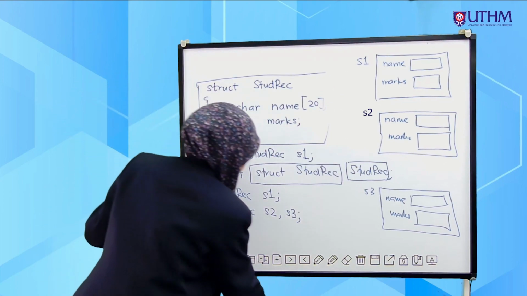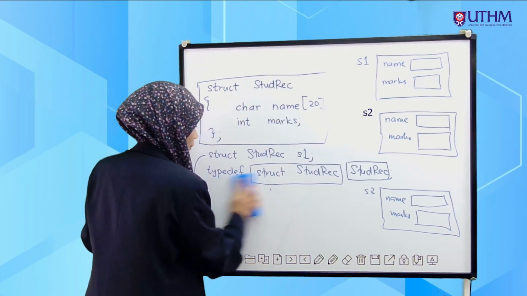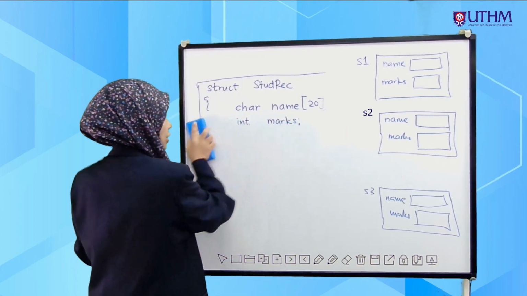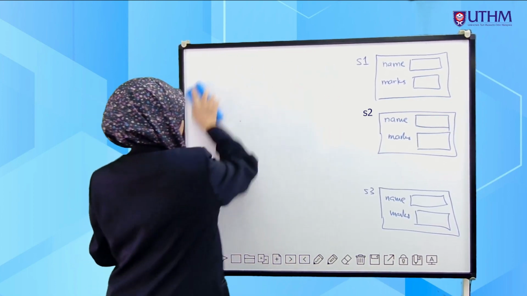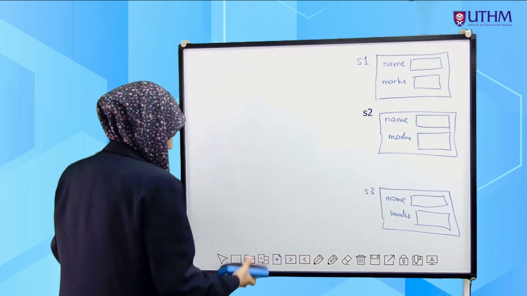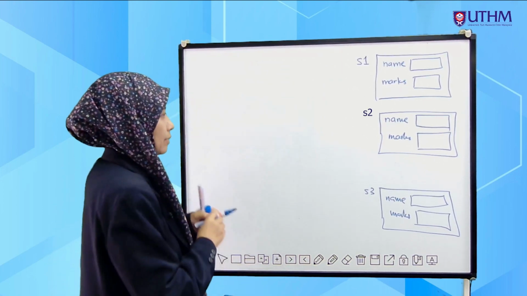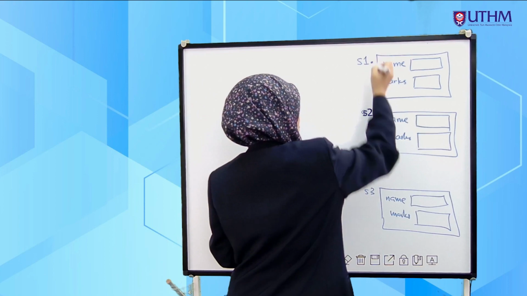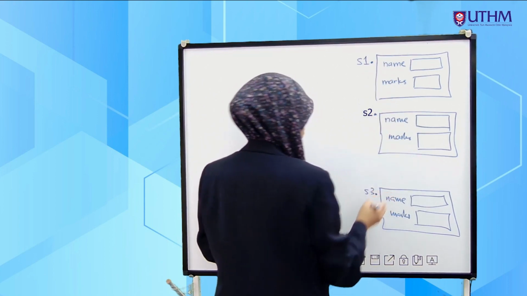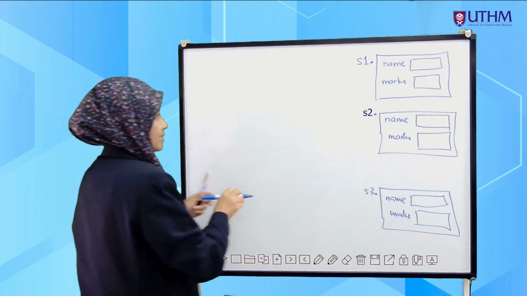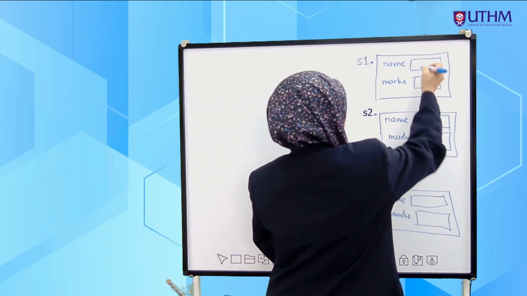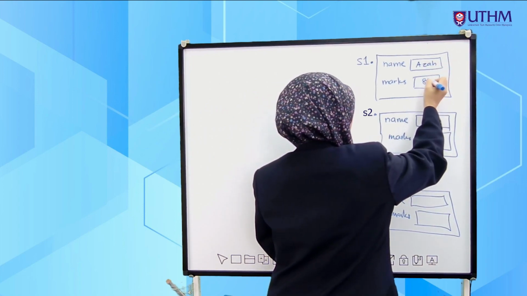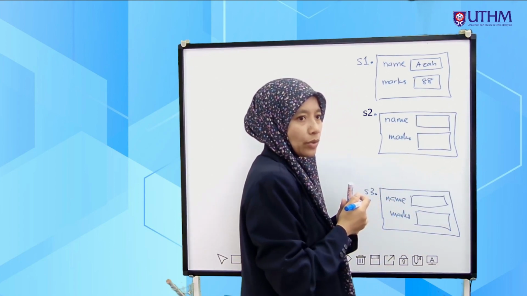Next, I'm going to demonstrate how we can actually assign values to each of these members. For struct variables, to access each of the members, we must use the dot operator. Let's say I want to assign Azah to this location and I want to assign the value of 88 to this location.